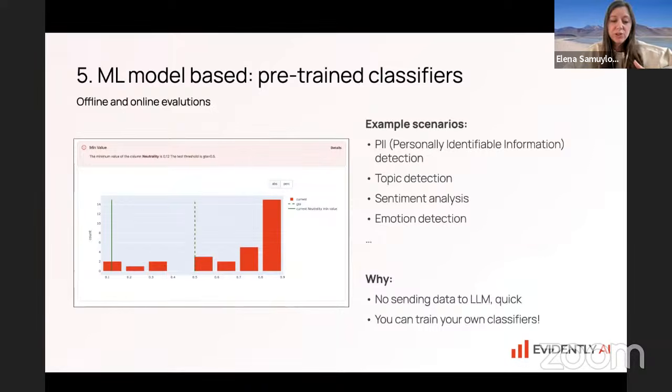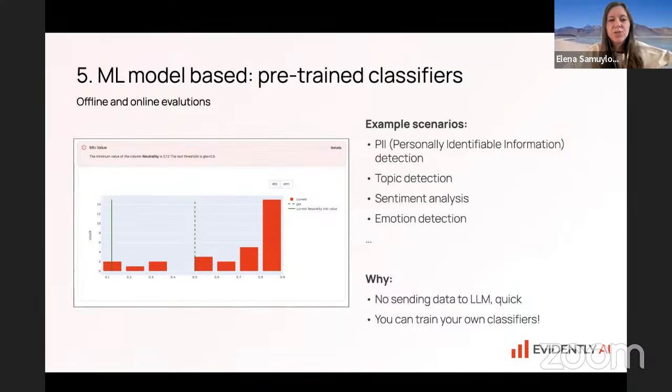But it's very useful in certain scenarios like PII detection. I mean, there are many great tools that help you detect personally identifiable information. You don't need to always use an LLM for that. Though you can, especially if you have your own definition of what's personal, but you can also just go with something pre-trained. Topic detection, sentiment analysis, emotion detection. I think there's a great model on Hugging Face that classifies text by 27 emotions.